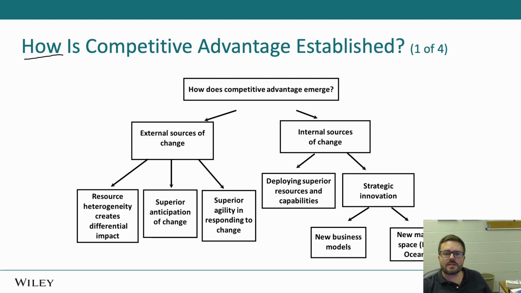So we have to ask then, in an efficient market, which is often hypothetical, right? There are very rarely perfectly efficient markets, but how do competitive advantages emerge? An economist would say this is always the result of some kind of monopoly.